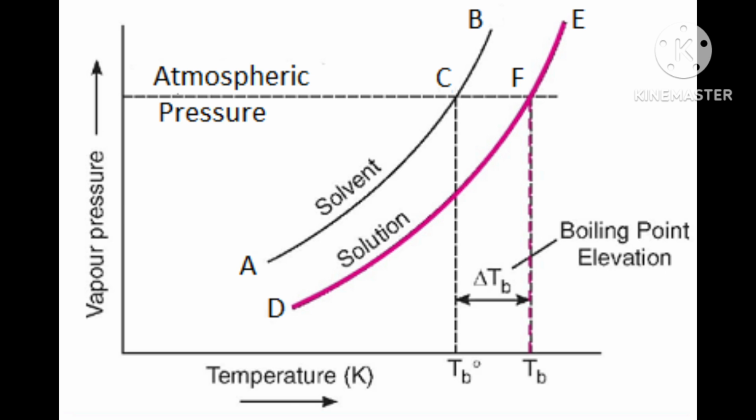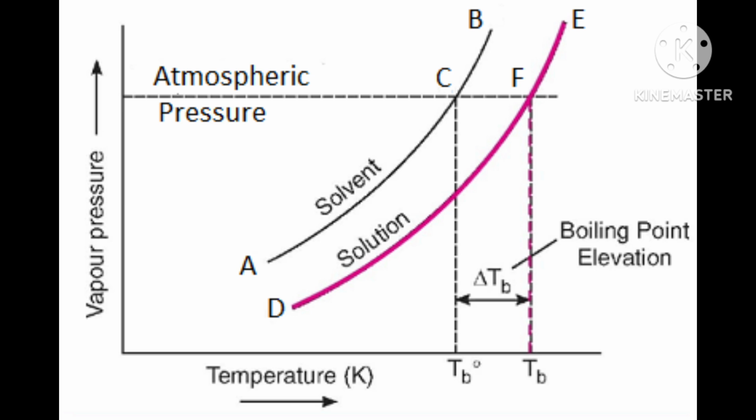Correct? This formula you know. Then in the place of N2 you will write W2 divided by M2, and N1, the number of moles of solvent, same way, mass divided by molecular mass.